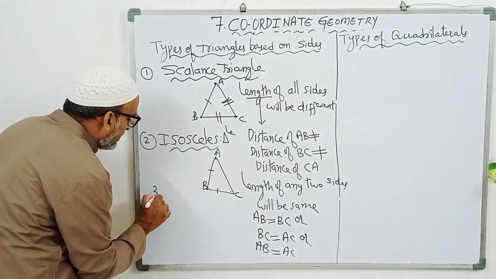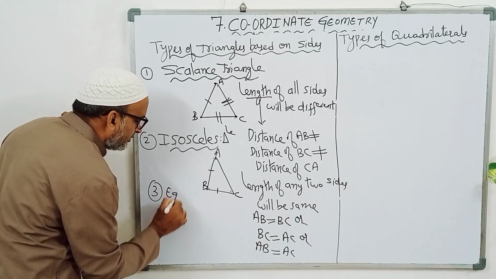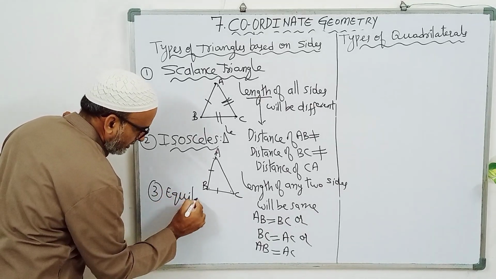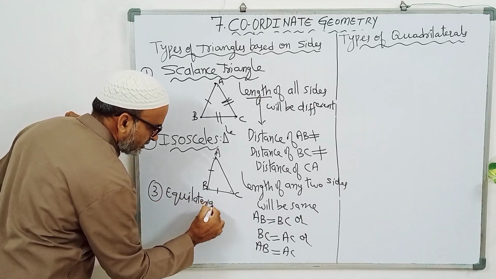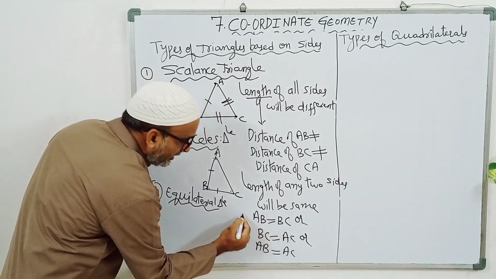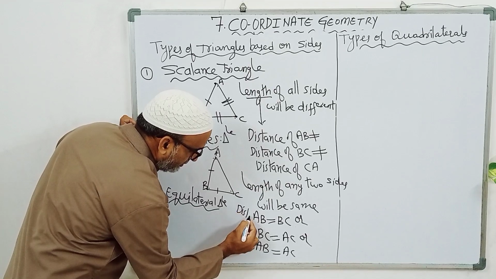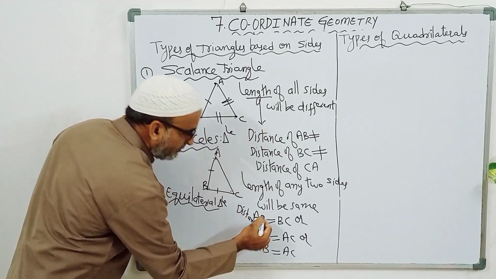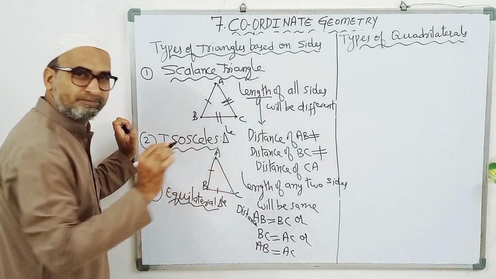Next, the third one is the equilateral triangle. Equilateral triangle means what? The distance of AB is equal to the distance of BC.